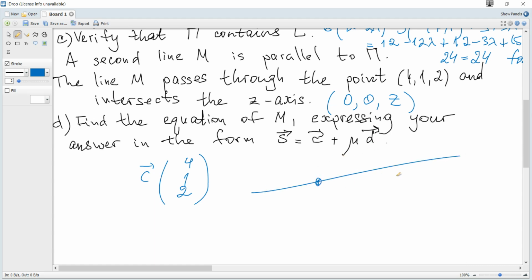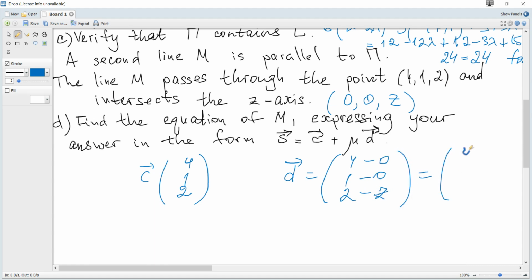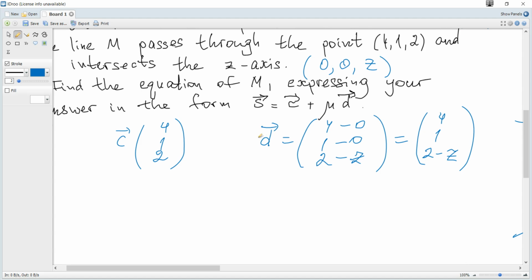So there are 2 points, this 4, 1, 2 and 0, 0, z, and if we consider the vector from point 0, 0, z to 4, 1, 2, this vector is parallel to our line and can be taken as the direction vector. So we can say that D is 4, 1, 2 minus 0, minus 0, minus z, or just 4, 1, 2 minus z.